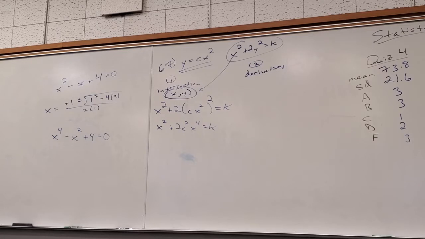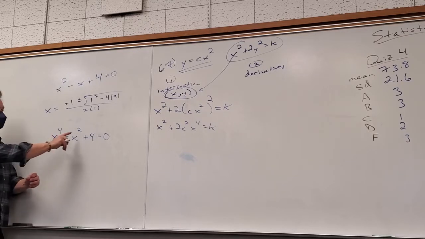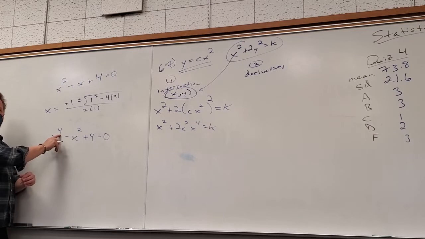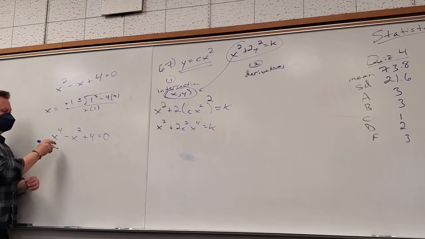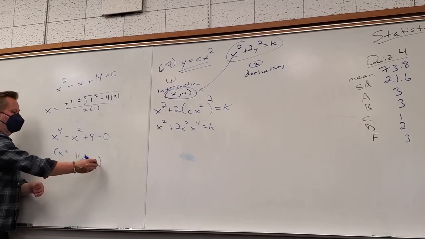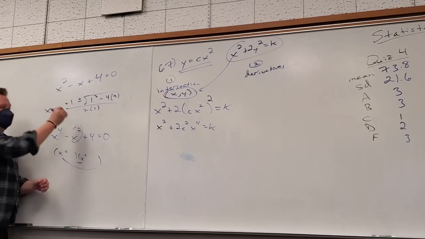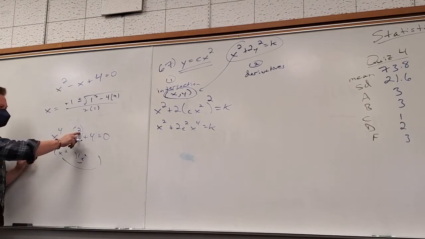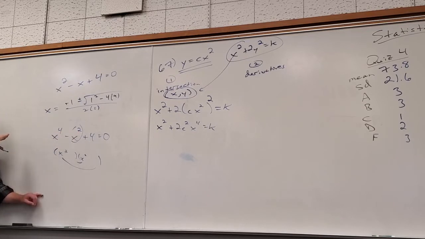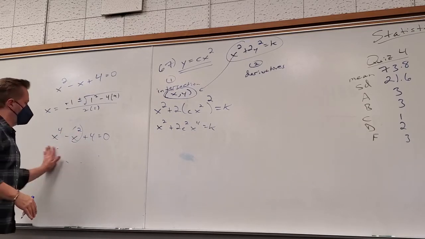Is that quadratic? Yes, it is. All day long it's quadratic. It's quadratic in form because this is half of that. If I could factor this, wouldn't this be x squared, and then that makes the middle term x squared, right? As long as the middle term's power is half of this one, it's quadratic in form. Can I factor it?